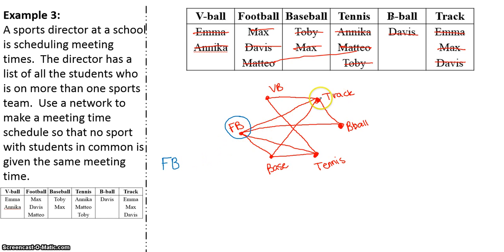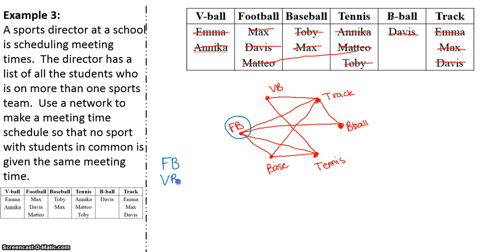Football and track have somebody in common, so we don't want to schedule their meeting times at the same time. Football and baseball have somebody in common. We don't want basketball to happen at the same time. Somebody's in football and tennis, so we can't do tennis at the same time, and we can't put football with baseball because they have somebody in common. So the only one that football is not attached to is volleyball.